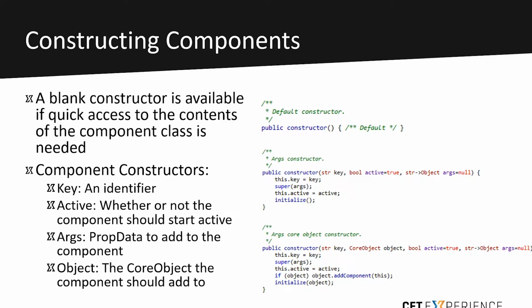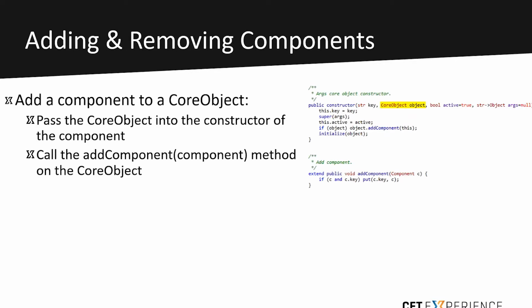So there are two different ways to add a component. The first way, as I just said, is to pass the core object into the constructor of the component, which will add it. Or if you don't want to do that right off the bat and want to do it later, there is an add component method where all you have to do is pass in the component as an argument and it should add it to the core object. I will say in my experience, when I've tried to add a component using the add component method, I have sometimes had some issues getting the graphics to show up right away.